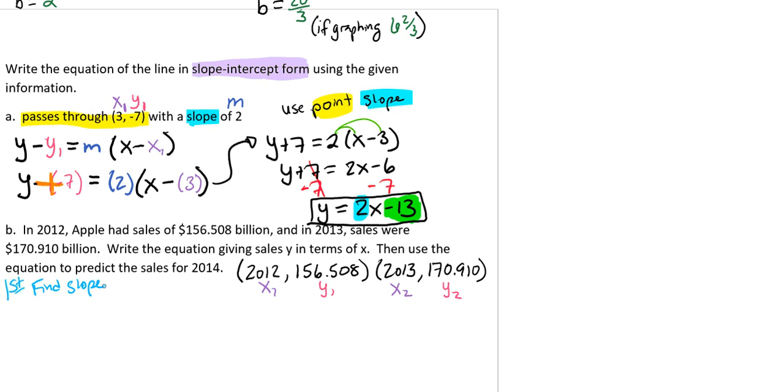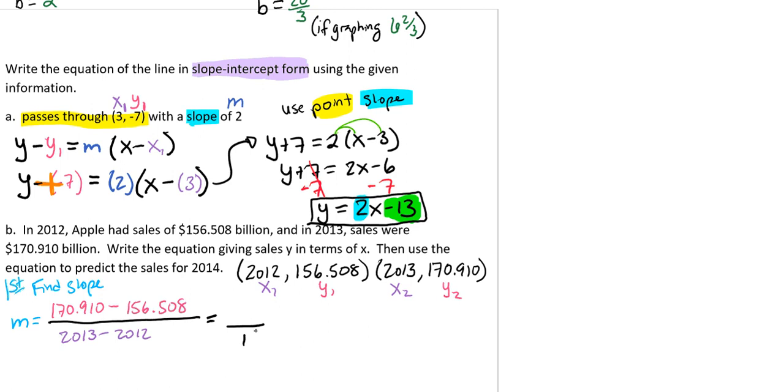So we're going to take our slope equation. So that's the y2 minus the y1. So 170.910 minus 156.508 divided by the x2 minus the x1. We're going to plug that into a calculator. Now on the bottom right here, we're going to get a 1, which is great. So that means it's going to be a whole number.